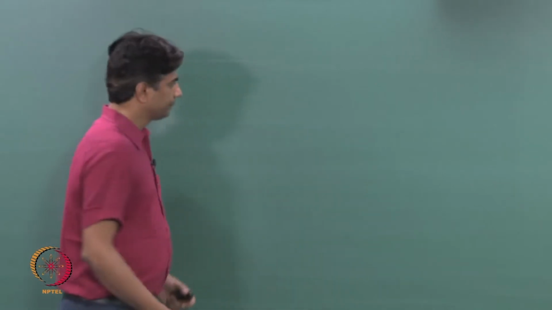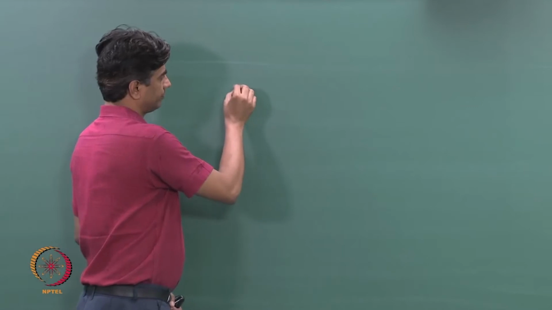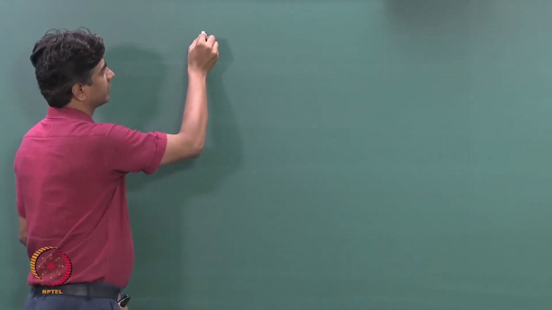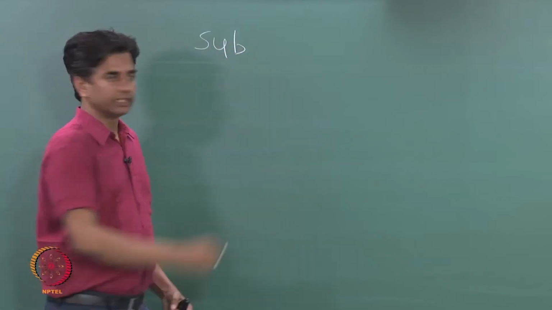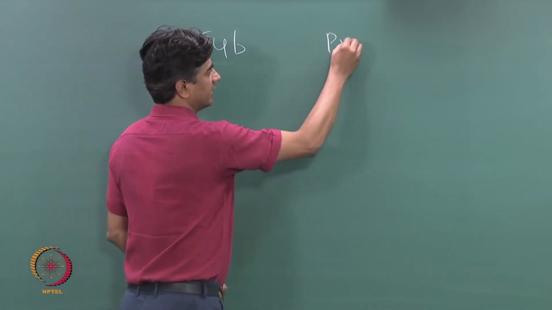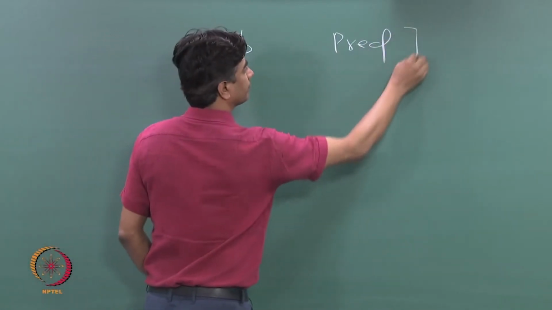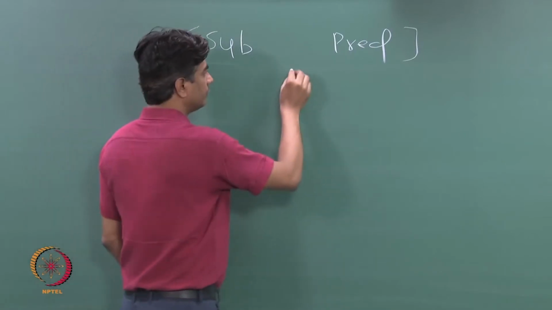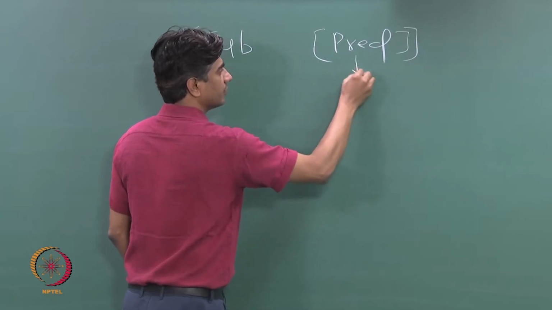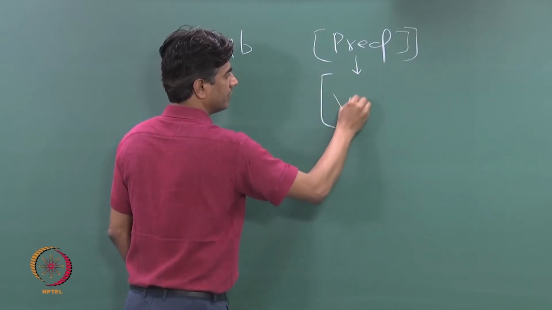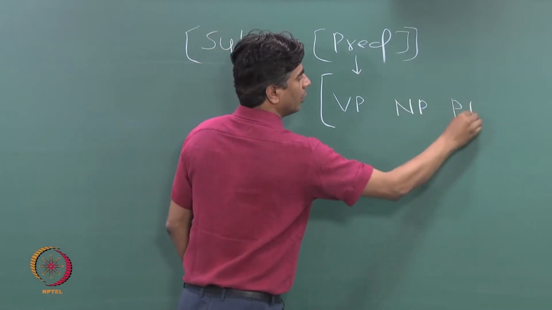For example, let me put it in a systematic way. We have been looking at these things, that we need a subject and a predicate for a sentence. Okay? Then we know that in a predicate we have a VP, NP or a PP.